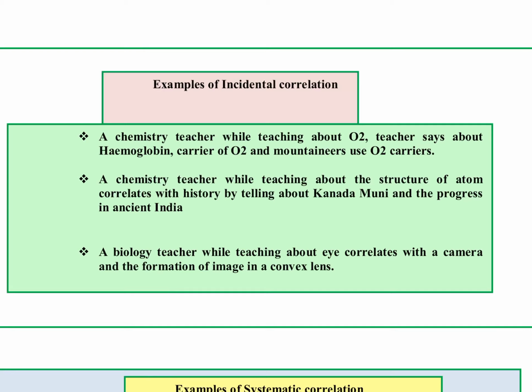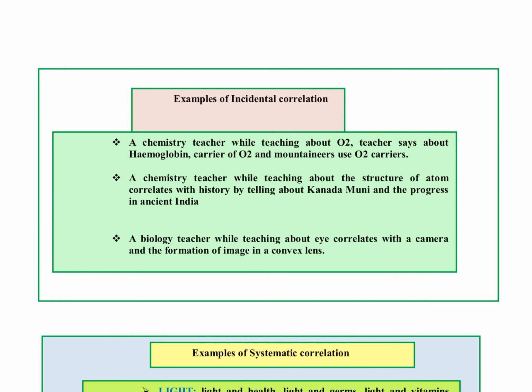But India is also rich in terms of scientific invention. One of the sages, let us say Rishi Muni, whose name is Kanad. So Kanad, long time back, like 2600 BC, at that time only he had propounded the atomic theory. So that way the chemistry teacher can relate his chemistry topic even with the history.